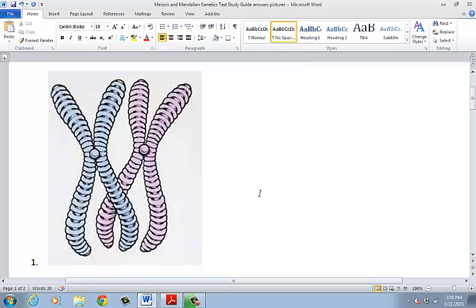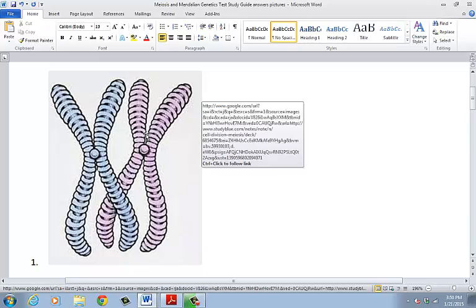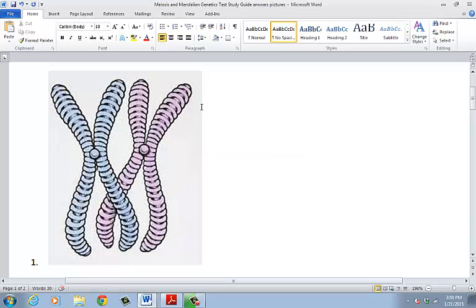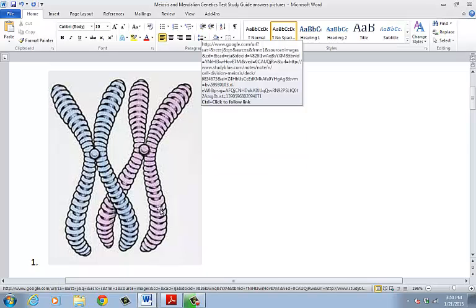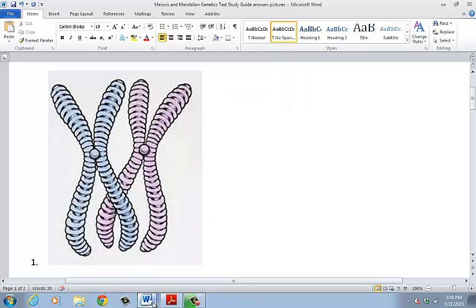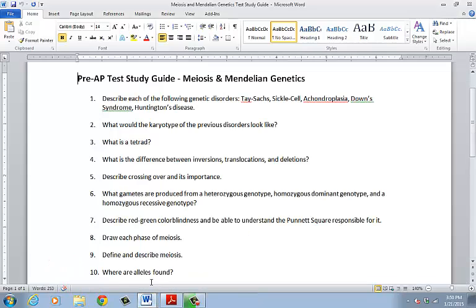Here's the other homologous chromosome. And each homologous chromosome is composed of 2 sister chromatids. That's just a regular definition of a chromosome, of 2 sister chromatids. But now with a tetrad, you have 2 sets of those. All right?